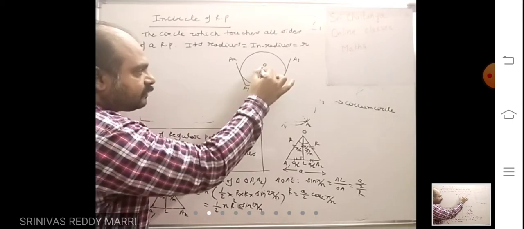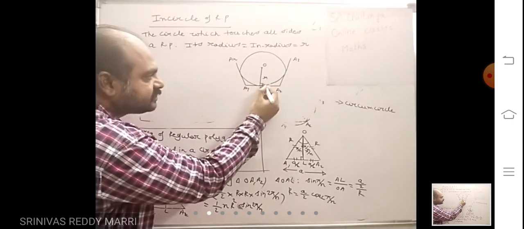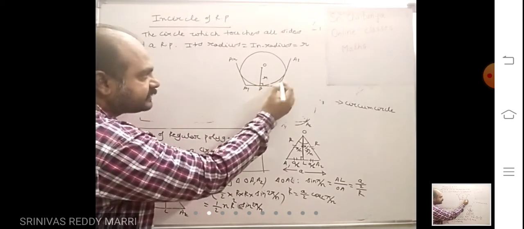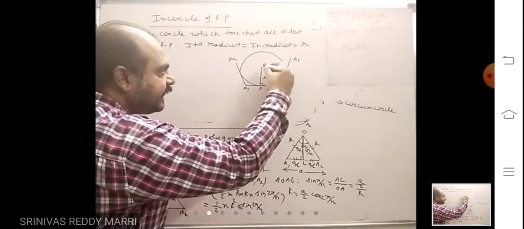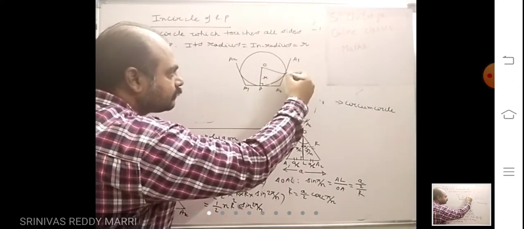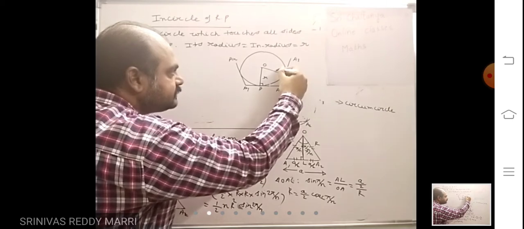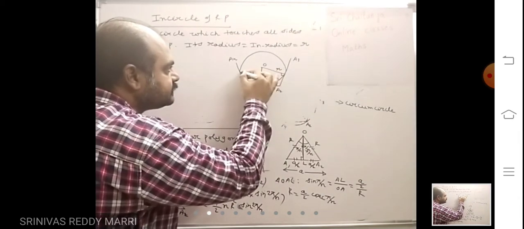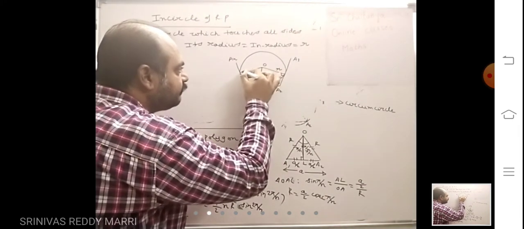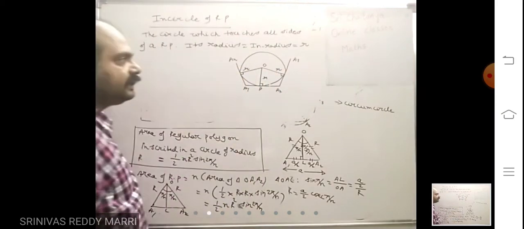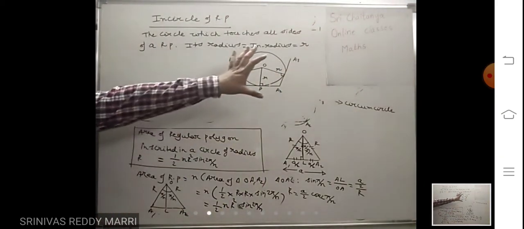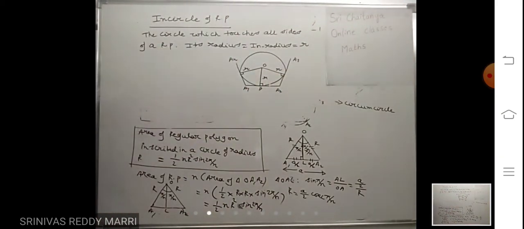From center, the perpendicular distance to any side is nothing but the radius. Similarly for this side, this is the radius of the circle. All these will be equal. They are radii of the circle. That is called inradius. In the previous case, it is called circumradius. That circle and this circle are different.